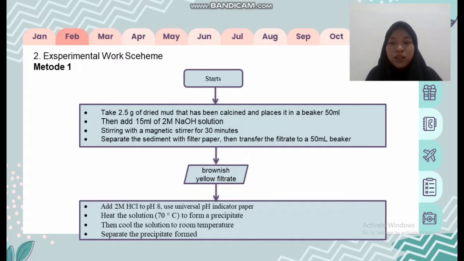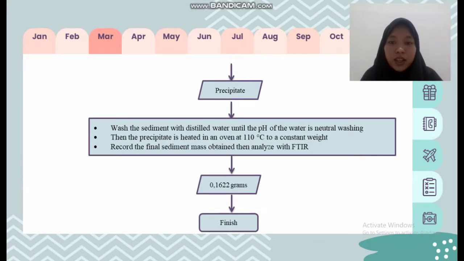Heat the solution to 70 degrees Celsius to form a precipitate, and then cool the solution to room temperature and separate the precipitate formed. The next is precipitate.